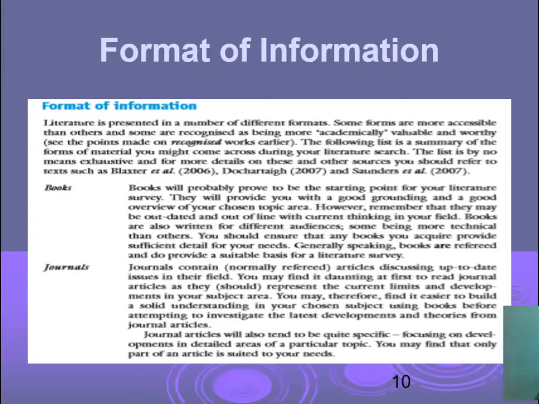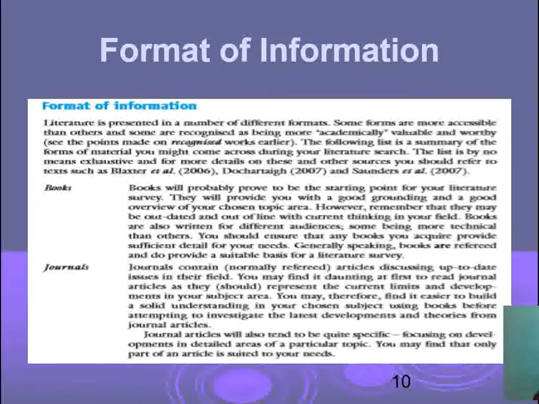More about the sources, you can refer to texts from Blaxter and others, 2006, Dochartaigh, 2007, Saunders and others, 2007. Firstly, books come in the first place. When you start your literature survey with a book, you will have a good grounding and a good overview about your choice of topic.